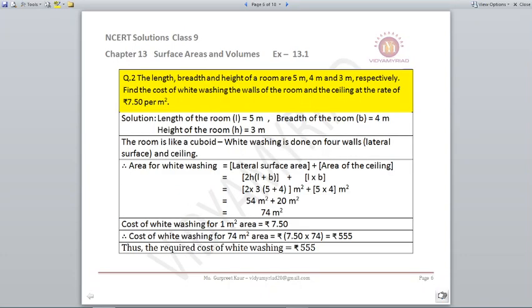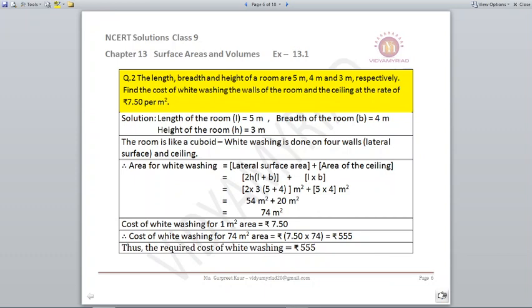Question number 2. The length, breadth and height of a room is given to you as 5 meters, 4 meters and 3 meters respectively. All the units are the same, nothing to worry about. Find the cost of whitewashing the walls of the room and the ceiling at the rate of rupees 7.50 per meter square.